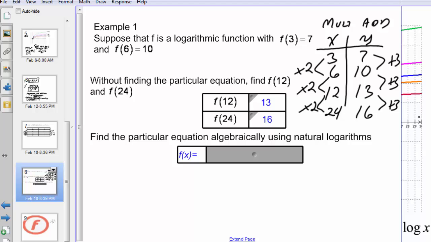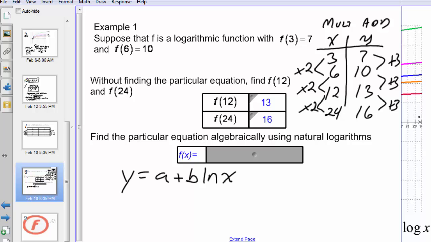Alright, so again, we take the same approach we took with all our other types of functions. We start with the general form, which is y equals a plus b, and here they're telling us to use natural logs, so ln of x.